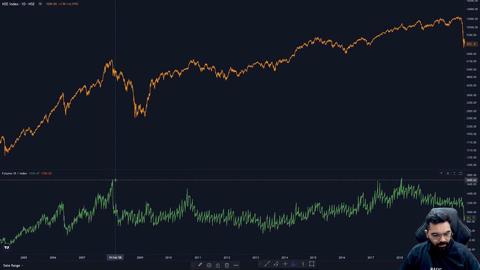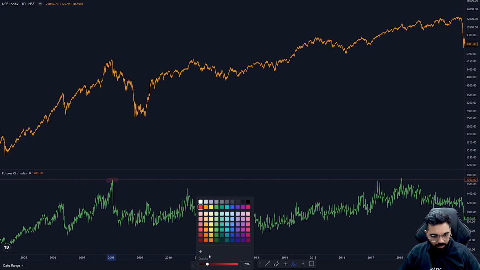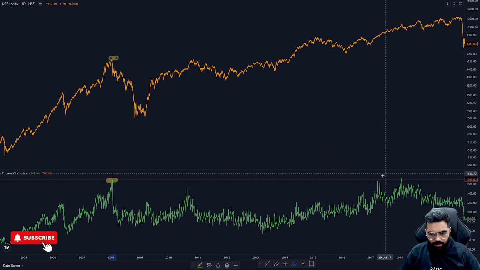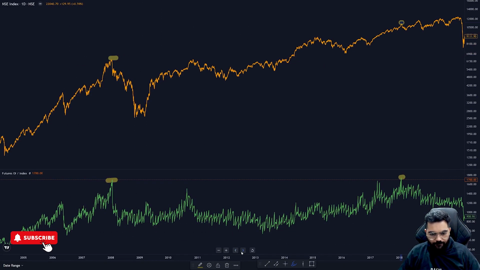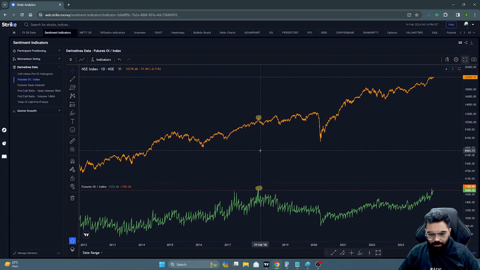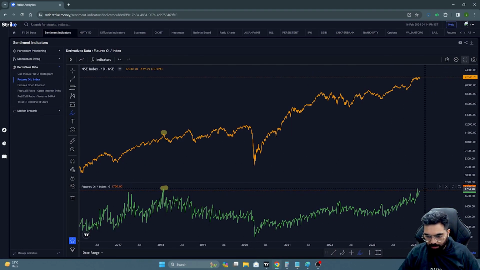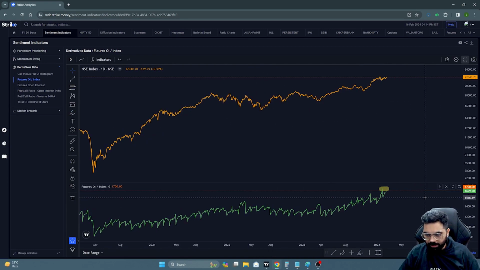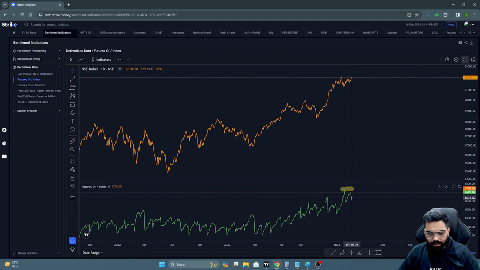If you plainly see such peaks, and now here, we are at a historically very important level in terms of future OI divided by the index.